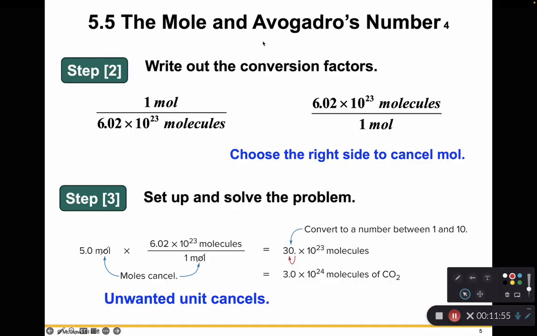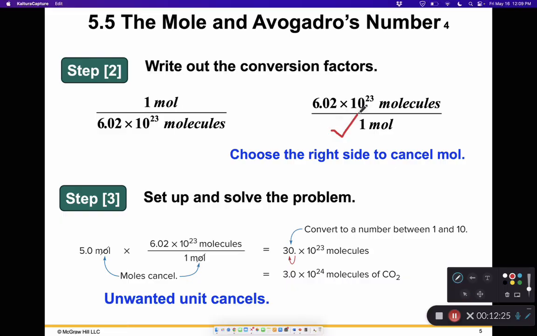We can write out the conversion factor that 1 mole is equal to Avogadro's number of molecules. So I can write that equality as a conversion factor this way or this way. Since I have the starting quantity 5 moles of CO2, I need to choose the conversion factor that has mole on the bottom, so I go with the second one, on the right hand side.